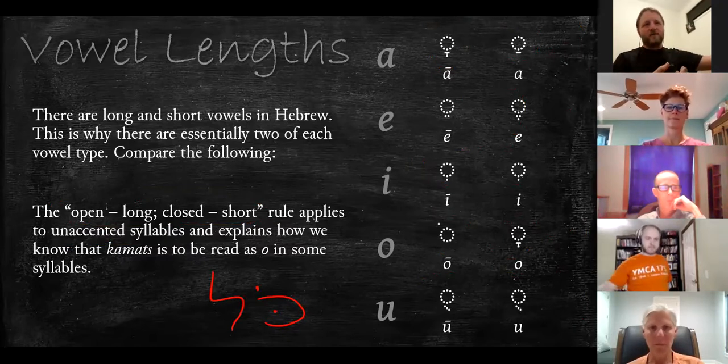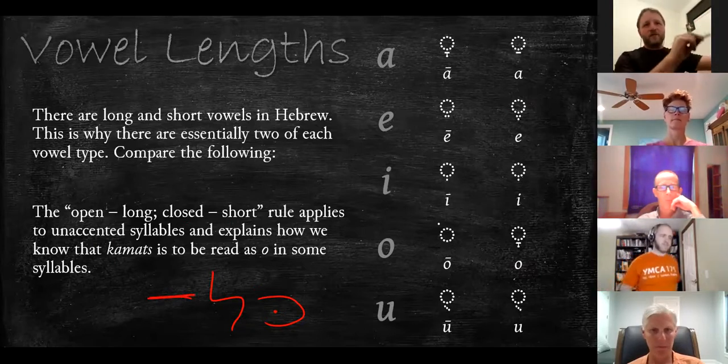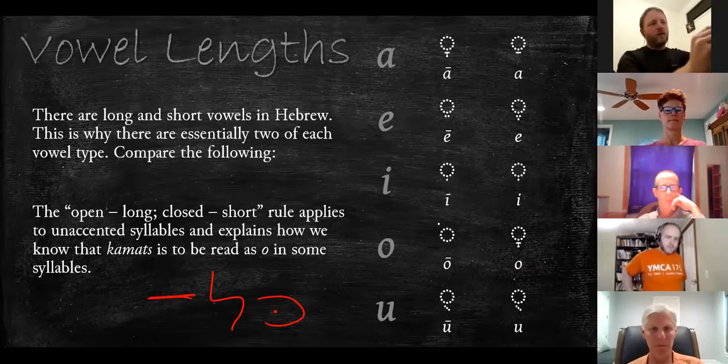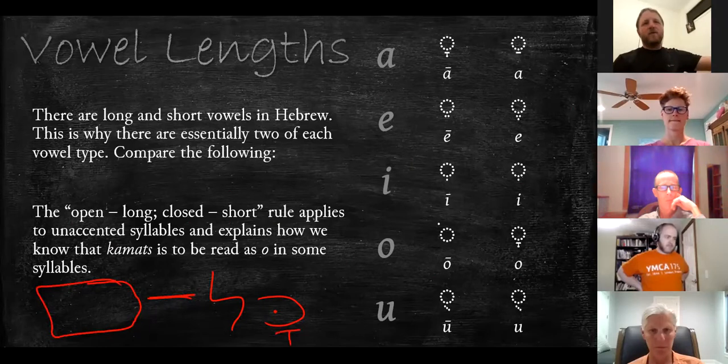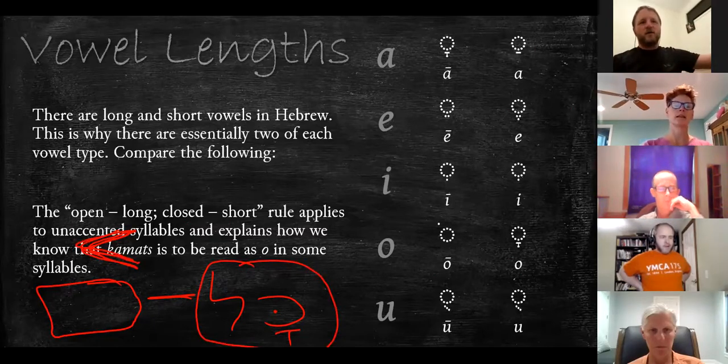It's by itself. But when it's joined to the next word with makaf, this joiner, you'll have kamatz katan, and that is a closed syllable with the accent over here. A closed unaccented syllable is O. That's how we know that it's kol.